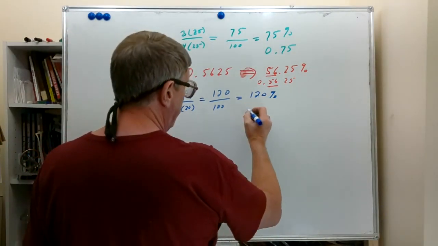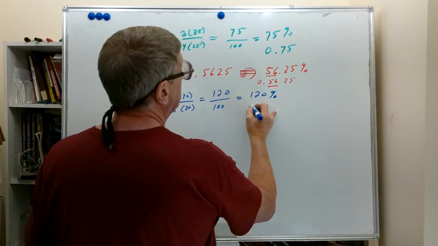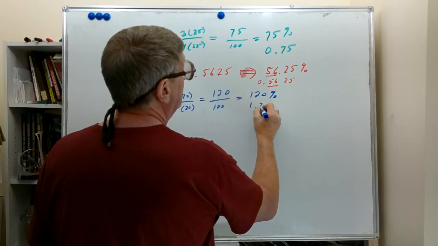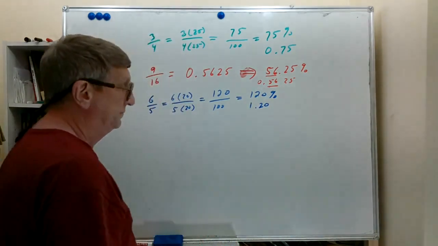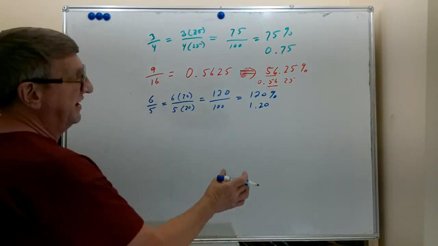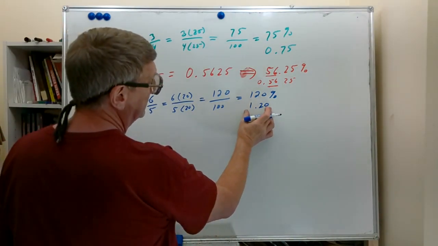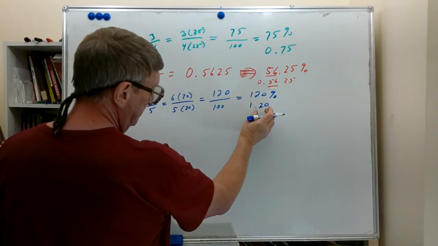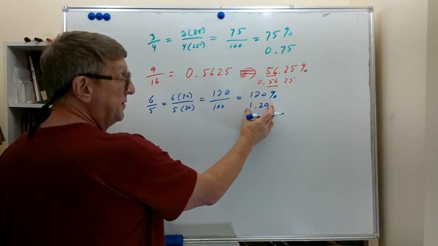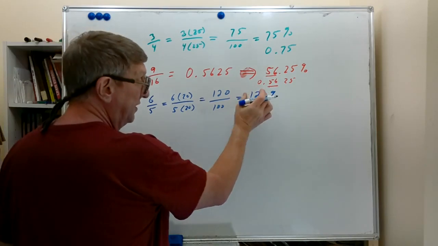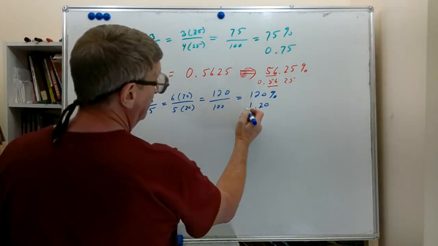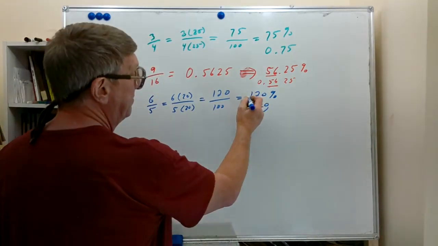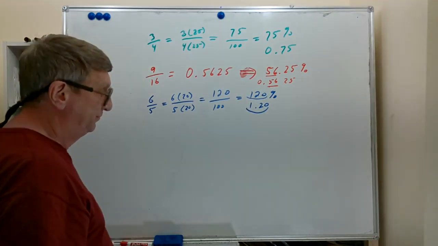So instead of 120, we end up with 1.20. And we see again here the 120 100ths matches up with the 120%. That's the 100ths part. That matches up with 120%.